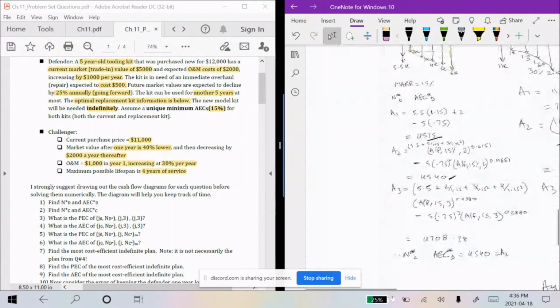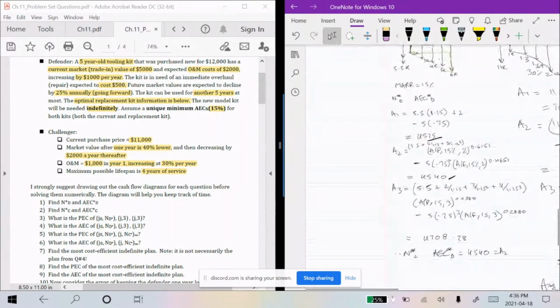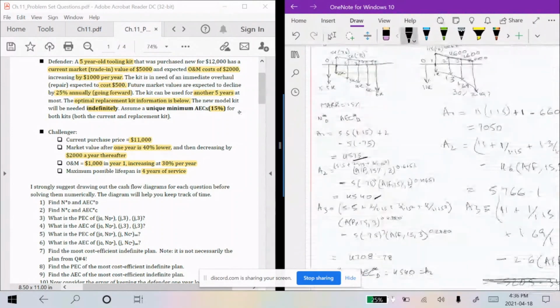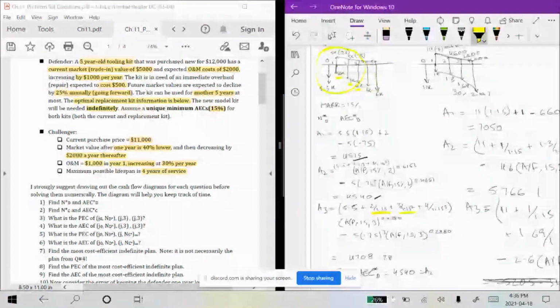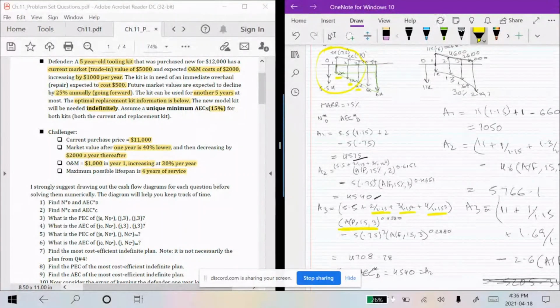Then you do the same thing for A3. A3 has the 5.5K, with the 2K operating charges here, 3K here, and 4K here. You take all of those back to V0, dividing by 1.15, 1.15 square, 1.15 cube, and then annualize over 3 periods.